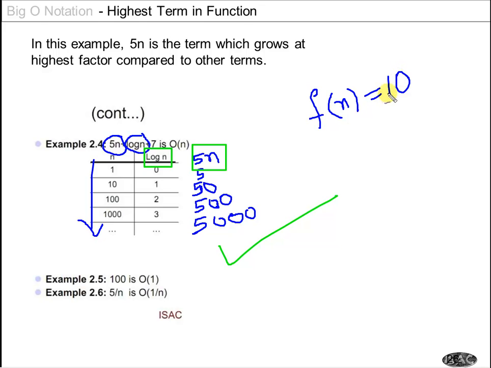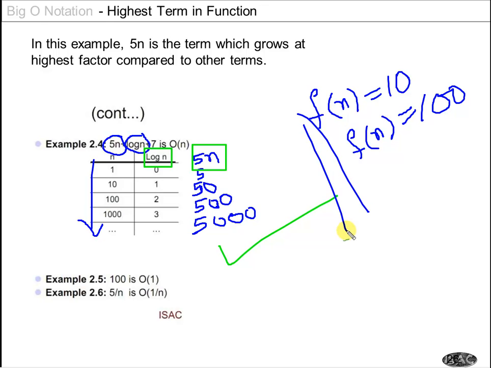If your function f(n) is like 100, what is the order of the algorithm in these two cases? Whenever you have a constant and there is no n, in such cases the order of the algorithm becomes order of 1.